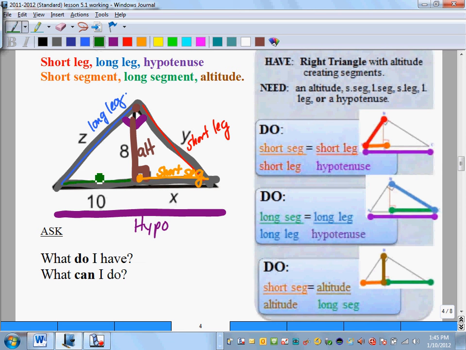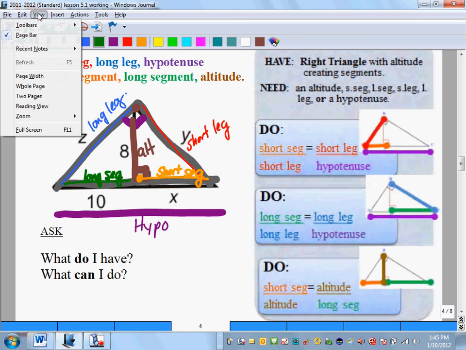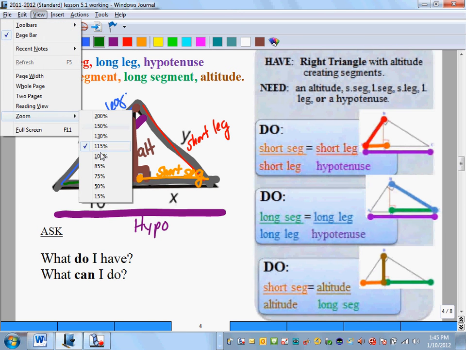And underneath the long leg, that's called the long segment. Now, given this scenario, we have 3 geometric means here.